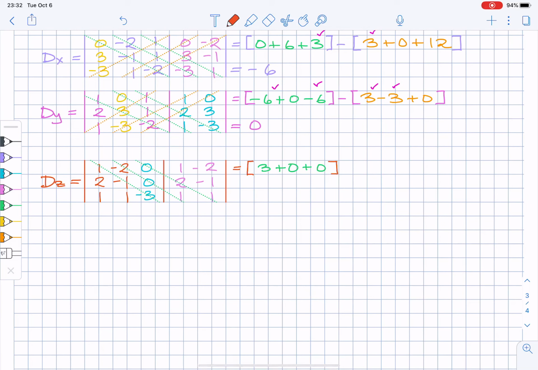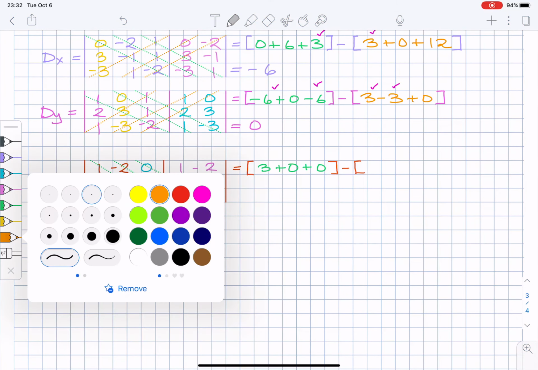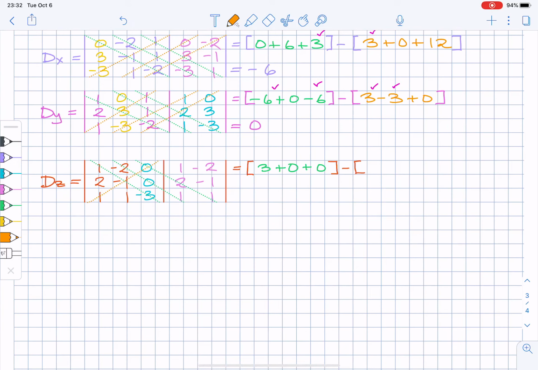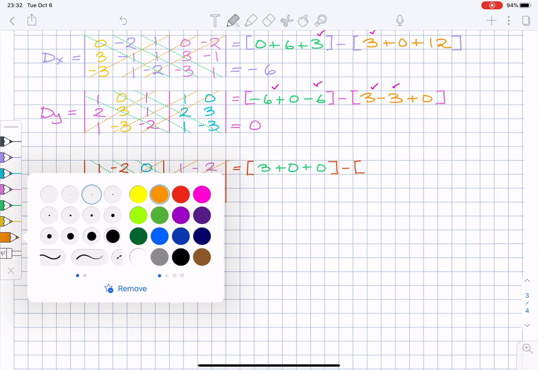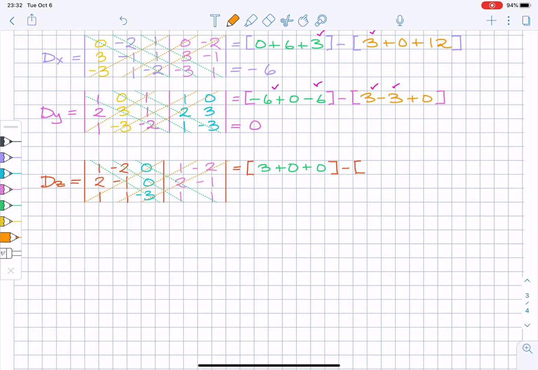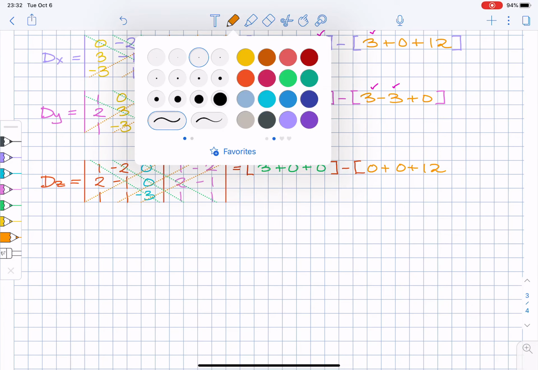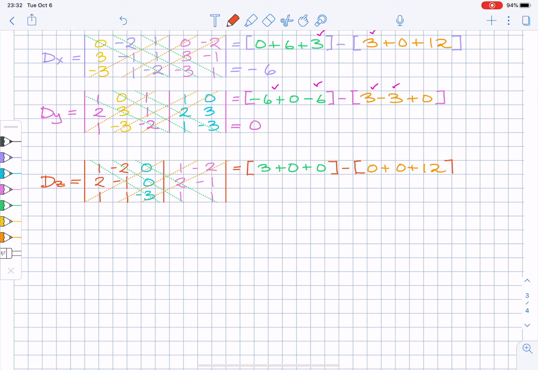From which we're subtracting the product and sum of all the alternate diagonal entries, which are going to be 0 and 0 and 12. So 0 plus 0 plus 12. So we end up with 3 minus 12, which is negative 9.